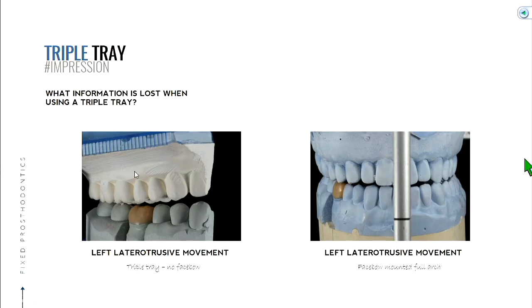So we know that this isn't an accurate reflection of the patient's mouth. So yes, potentially in both directions, when you slide to the left and slide to the right, when you use a triple tray you could have interferences in both movements, because either movement doesn't replicate what the patient's mouth does.